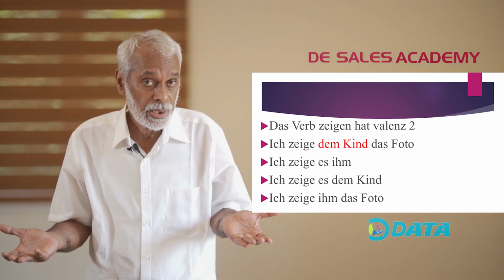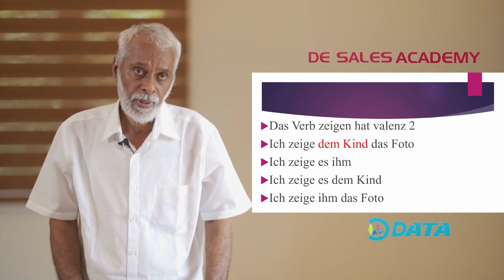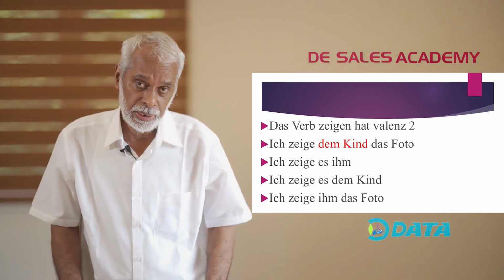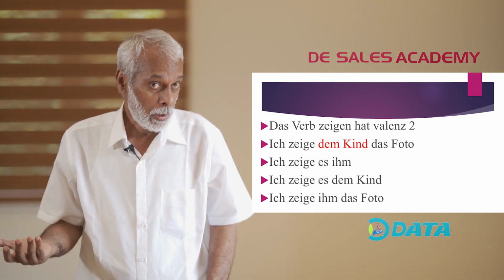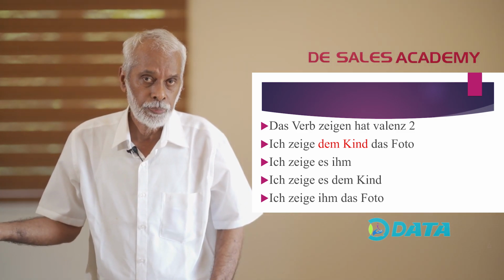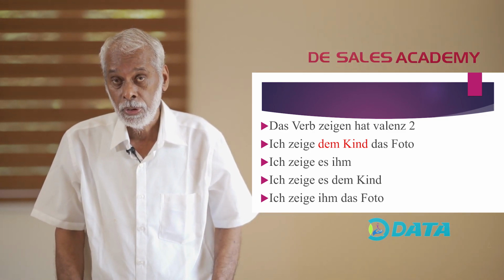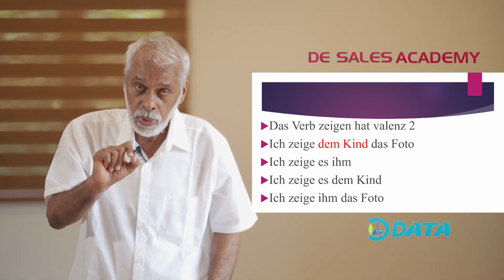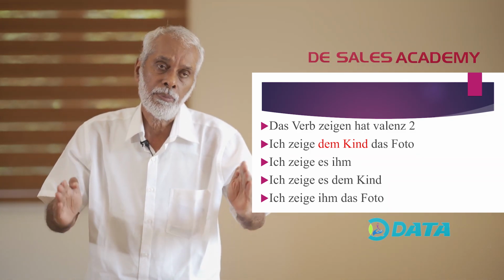You can also say the same sentence replacing only one noun. You can say ich zeige es dem Kind. Here es stands for das Foto. You can also say ich zeige ihm das Foto. Ihm stands for das Kind. So the rule is, if there is one pronoun and one noun, always the pronoun will come first.